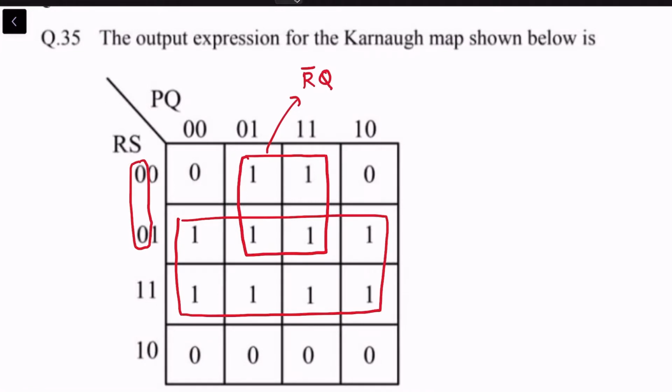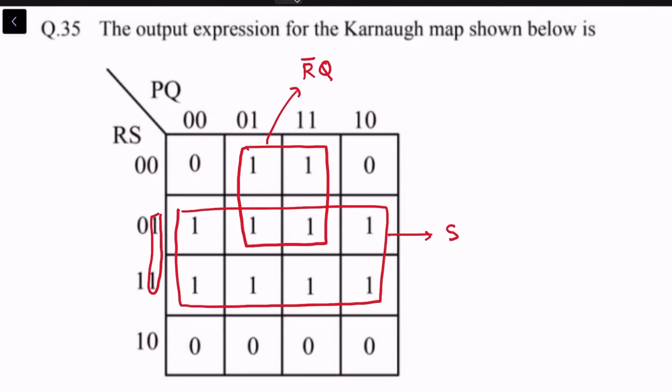So that's R bar Q, and similarly this will correspond to S because this is 1, 1 in the position corresponding to R. So it's S, and since we have grouped everything here, we have eliminated both P and Q, right?